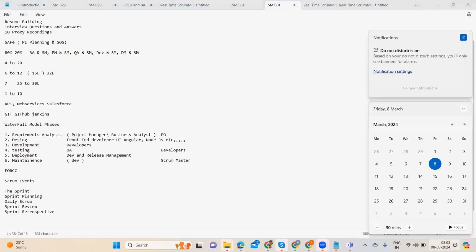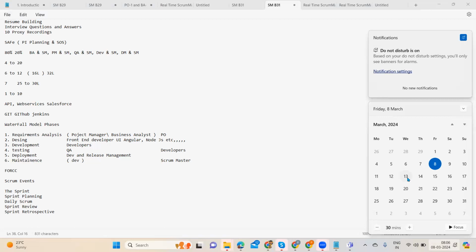So let's say most sprints start on Wednesday or Thursday. Most of the sprints will start on Wednesday. If you start the sprint on Wednesday, let's say on the 13th, as per the Scrum guide all these Scrum ceremonies happen within the sprint duration.